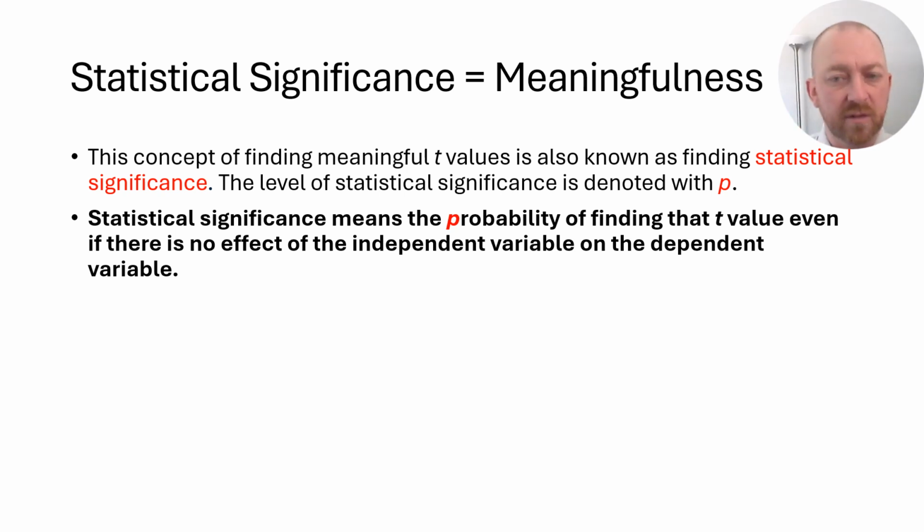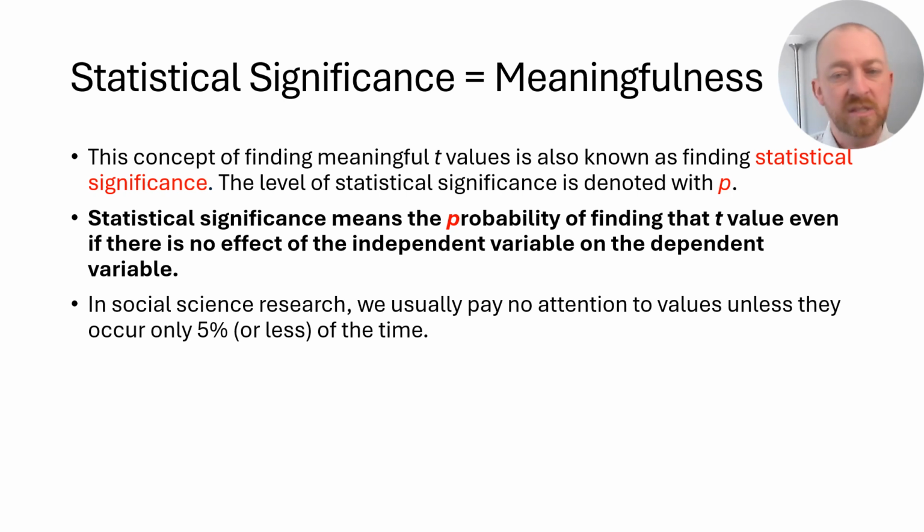So the counterintuitive thing here is that you want the probability of having found this by accident to be very low. You want a very low probability that this t-value just occurred, even if there's no impact of the independent variable on the dependent variable. Now, to translate that into more usable terms, you're only interested in p-values that are 5% or less.